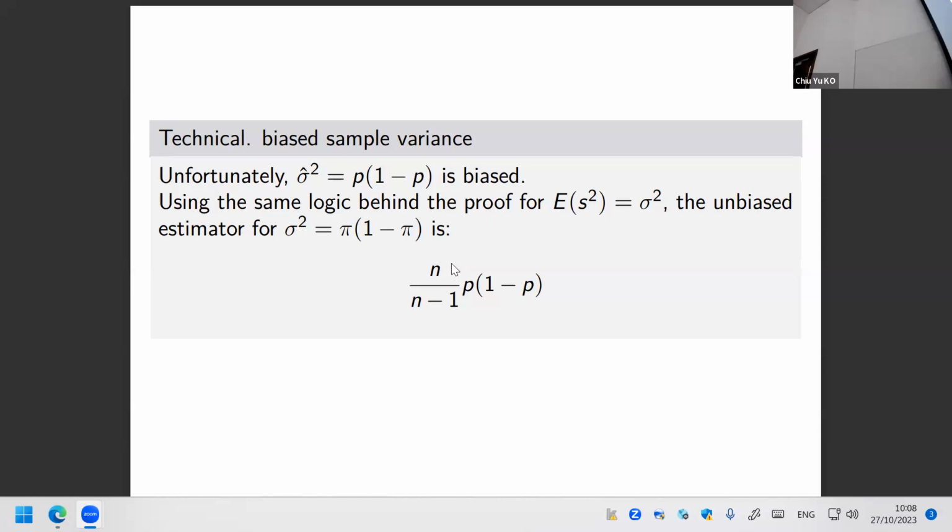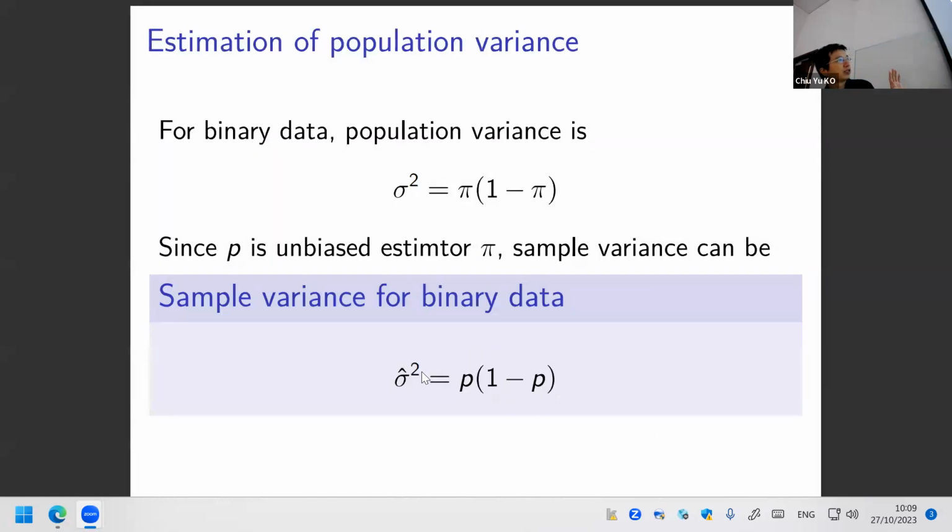So there's no harm in using that. Of course, if you are super conscious, super worried, you can use this formula. But in the real world, as far as I can see in all applications, people just use this one.